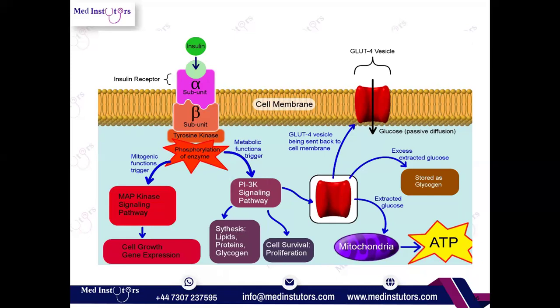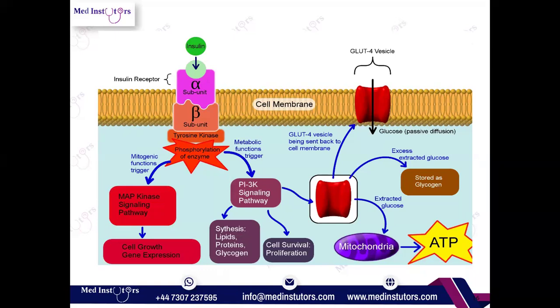So insulin is basically an anabolic hormone. Insulin helps in cell growth and gene expression. That is the mitogenic function pathway. Now, insulin also has a metabolic function pathway, where the phosphoinositol 3 phosphate signaling pathway results in the synthesis of lipids, proteins, glycogen, and cell proliferation.